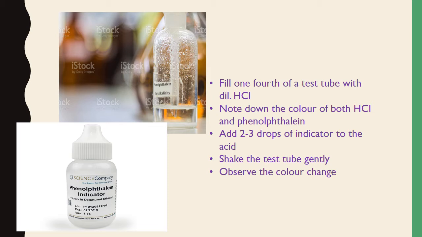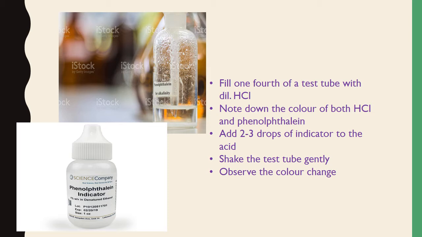For this experiment, fill 1/4 of the test tube with dilute HCl. HCl means hydrochloric acid, the same acid we studied in the previous class. It is present in the stomach, right? In the lab, hydrochloric acid is manufactured by different methods.